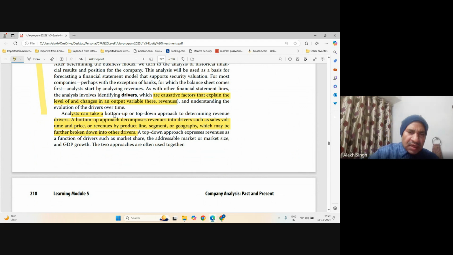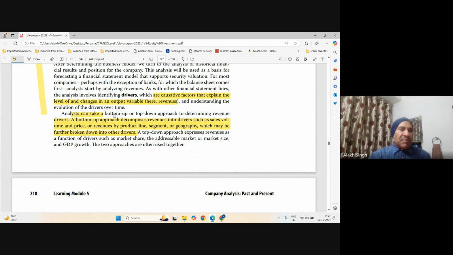So in this case, there are two approaches, bottom up and top down. The best thing is to take both approaches independently, not jointly. Take both approaches independently and try to match whether they match or not. Most of the time, they will not match.